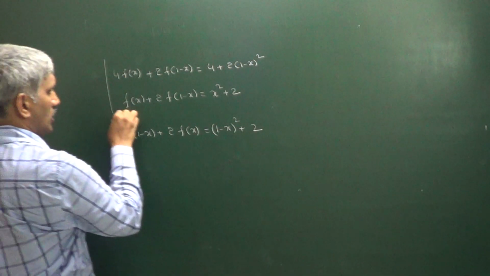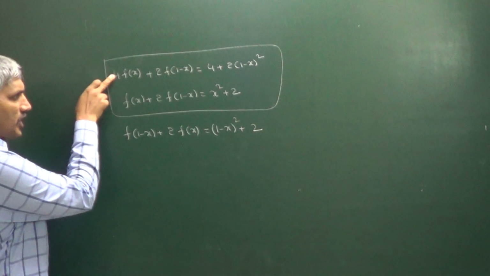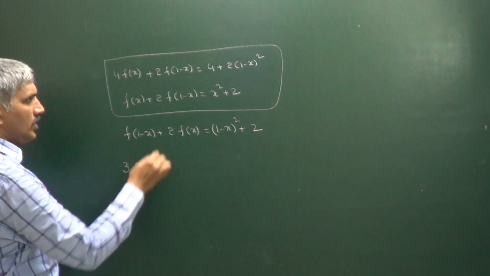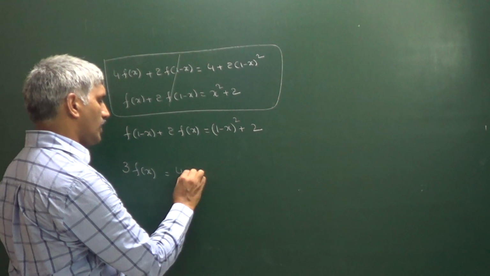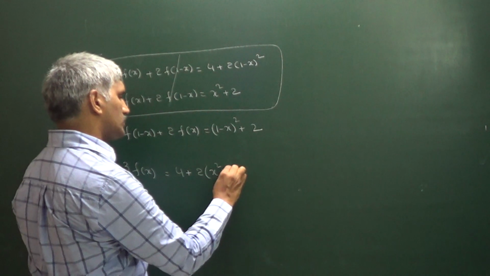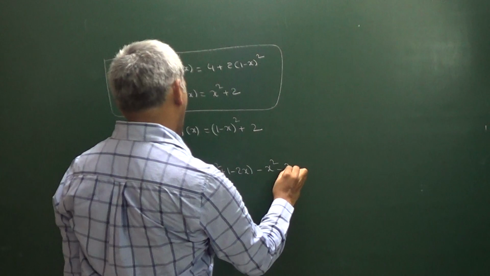Right? Now these are the two equations. Subtract these two equations. 4 times minus 1 times, you will get 3 times f of x. These two get cancelled. Therefore we are getting 4 plus 2 plus 2 into x square plus 1 minus 2x minus x square minus 2.